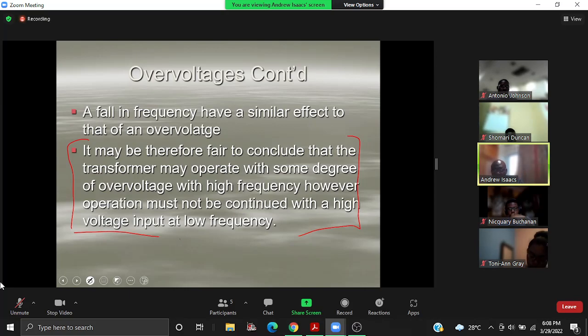So the high voltage affects it, low frequency affects it. It is better to have the high voltage with the high frequency, but not the other way around, meaning high voltage with low frequency.